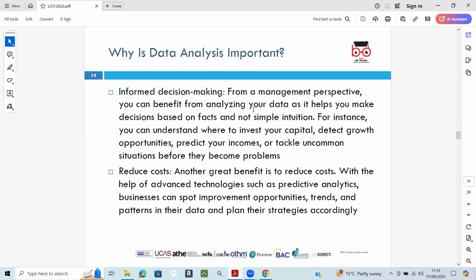No problem. So, why is data analysis important? Data analysis plays a crucial role in the decision-making process, offering valuable insight derived from data to inform strategic action and improve business outcomes.